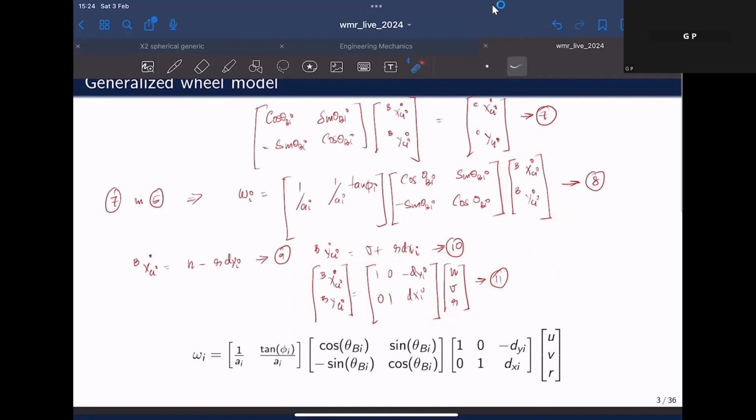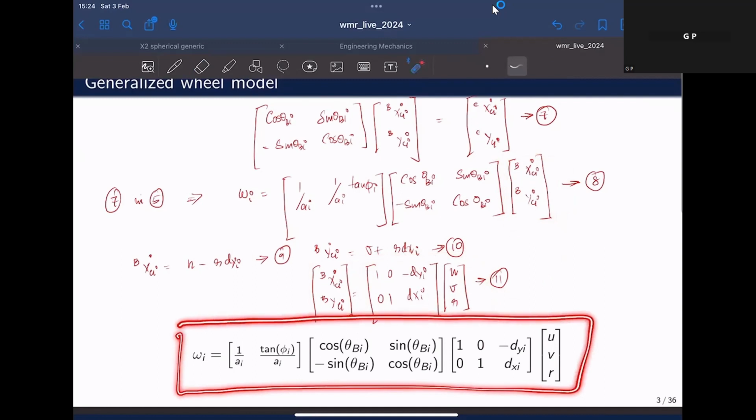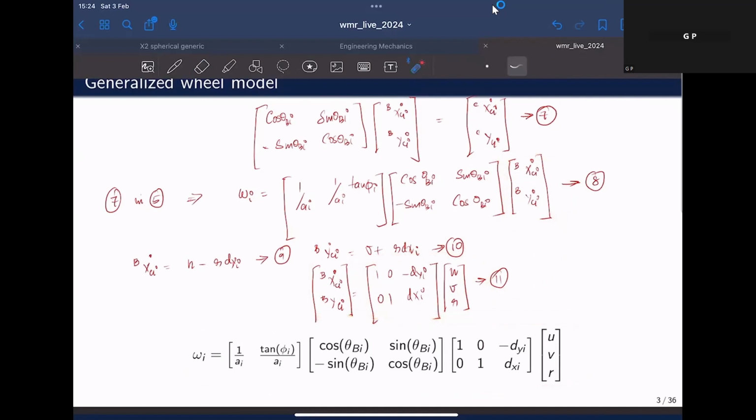So as a result, you will get this big expression, which is nothing but the generalized wheel model of a single wheel. It will basically be a multiplication of four matrices, this one, this one, this one, and this one. So this is nothing but a mapping between the control inputs of the body frame, u, v, r, and the angular velocity of the wheel.